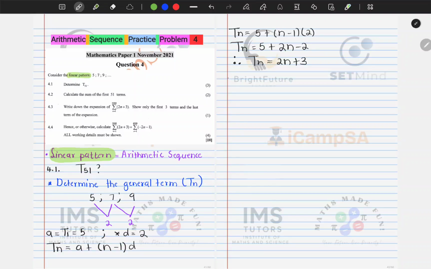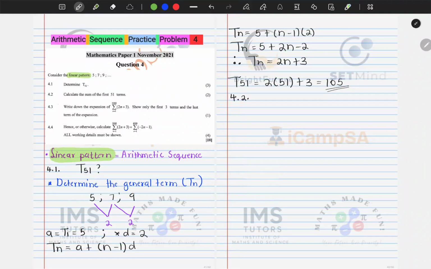So we are now in a position to go ahead and find T51. Wherever we see n, we'll put 51, then plus 3. Then we just use our calculator. If you do 2 times 51 plus 3, the answer you should get is 105. And this is the answer they are expecting for 4.1.